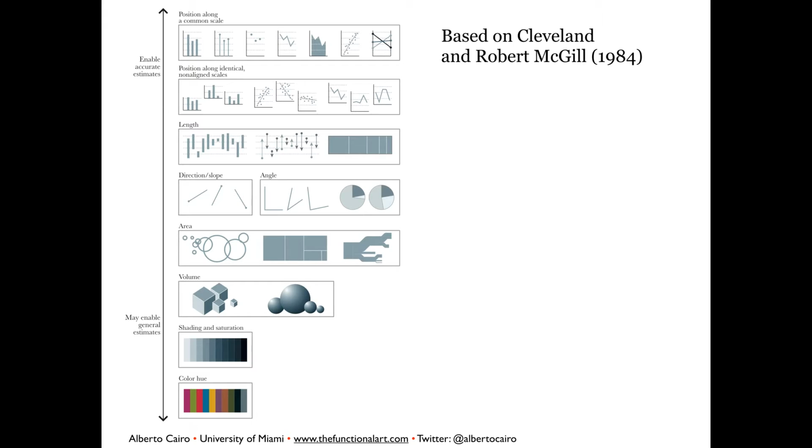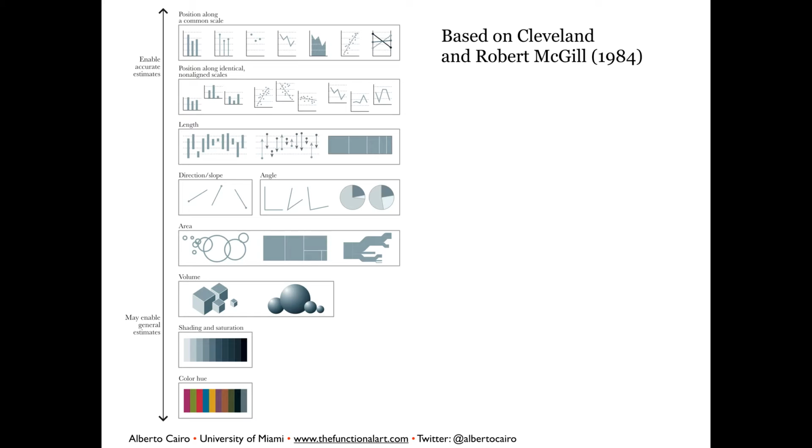So let me explain how Cleveland and McGill came up with this scale. What they did was to conduct a series of experiments back in the 80s, encoding data numbers onto spatial forms, or spatial properties.